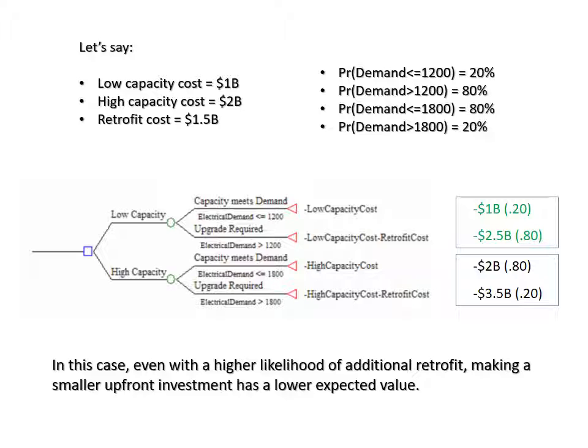And so what that suggests is that even though there's a higher likelihood of additional retrofit, and even though retrofitting is generally more expensive per megawatt of capacity, making a smaller upfront investment ends up having a lower expected value because the cost of building in high capacity from the very beginning ends up resulting in much higher system costs overall.